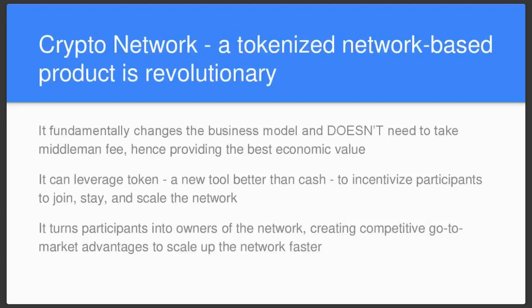That means, compared to a centralized network, you have a competitive advantage in terms of go-to-market, and you can scale the network much, much faster. These are the key reasons why, when I look at a token, I always look for one associated with a crypto network, not an asset-like token.